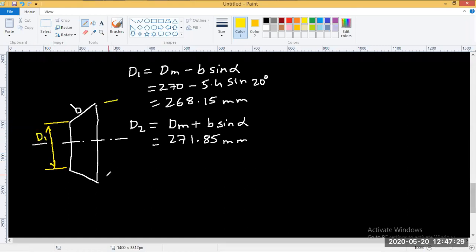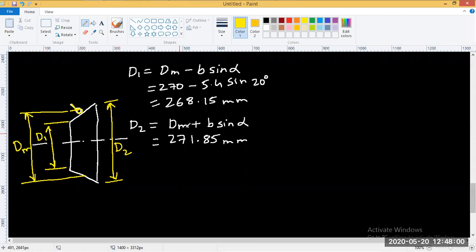This dimension here, the outer one, is D2. DM is somewhere in between, the mean diameter of the cone, which was given initially in the question. So these are all the key dimensions: D1, D2, and DM. That's it. Any doubts, let me know in the group chat.